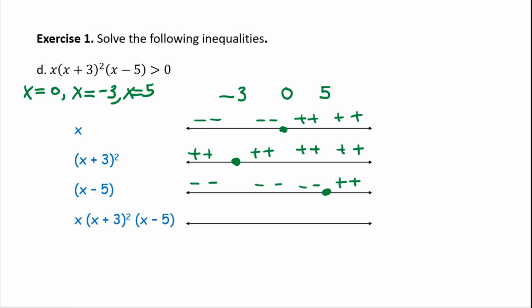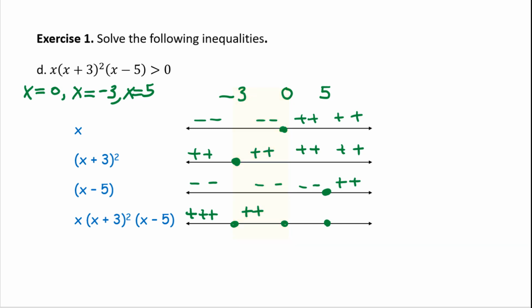In the diagram, multiply the signs within each interval. In the interval from negative infinity to negative 3, we have negative times positive times negative. The product of negative, positive, and negative is positive. In the interval from negative 3 to 0, we have negative, positive, and negative; the product is positive.